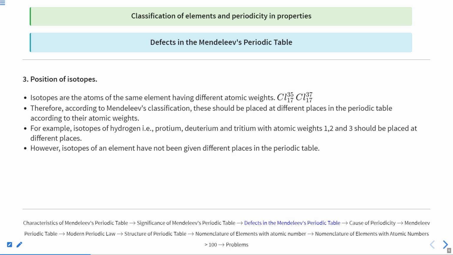There is no change in properties in the case of isotopes. Similarly, the isotopes of hydrogen, which are protium, deuterium, and tritium, have atomic weights of 1, 2, 3, so they should be placed at different places, since properties depend upon atomic weight. However, isotopes have not been given different places in the periodic table. So this was a question for Mendeleev's periodic table.